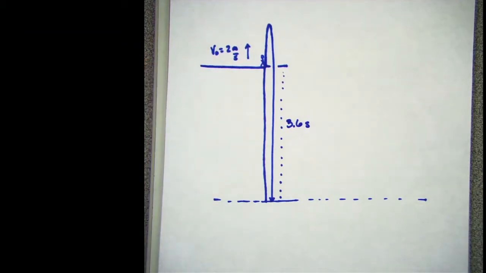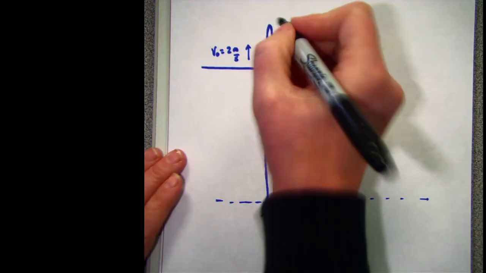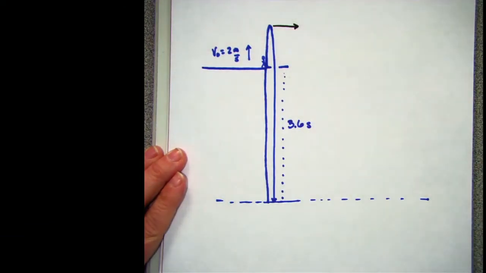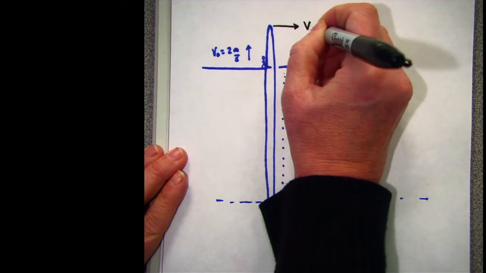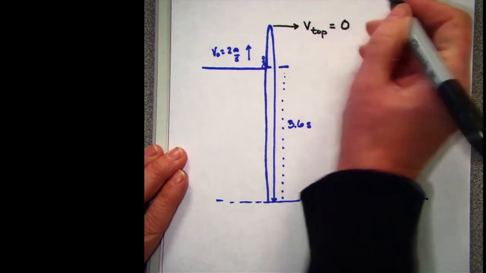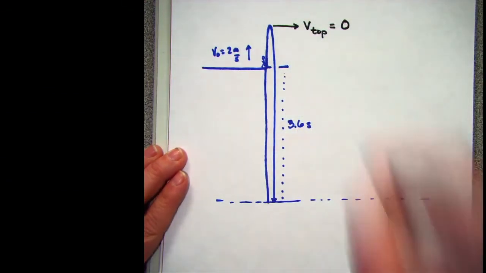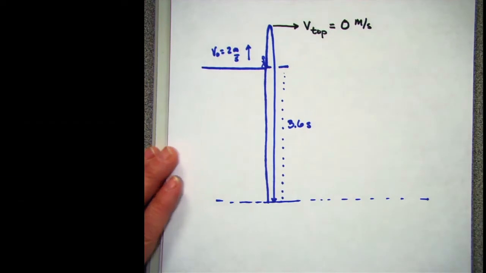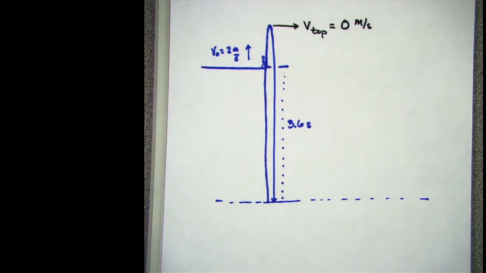So the problem may only give us this amount of information, but there's other information that we know, because this is one-dimensional motion. I do know the velocity at the top. It's 0 meters per second, because at the very top we're making an instantaneous change from the positive direction to the negative direction. So we have to go through 0.